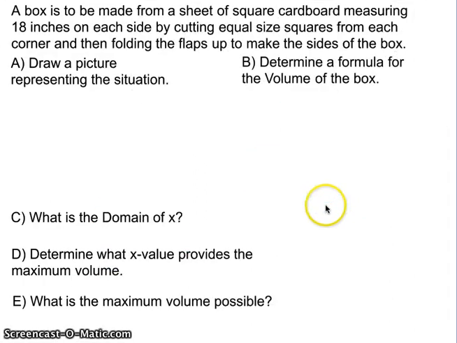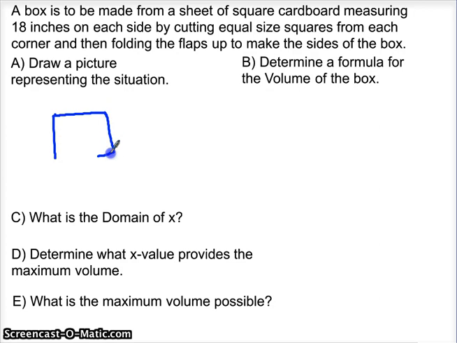Another application can be making a box, and often you'll see in math books them asking you to make a box out of a piece of cardboard by cutting out the corners of this box. So to draw the situation, I'm just going to show that I'm going to cut the corners out of my box right here. And then once those corners are gone, we've kind of got flaps here made outside of these dotted lines.